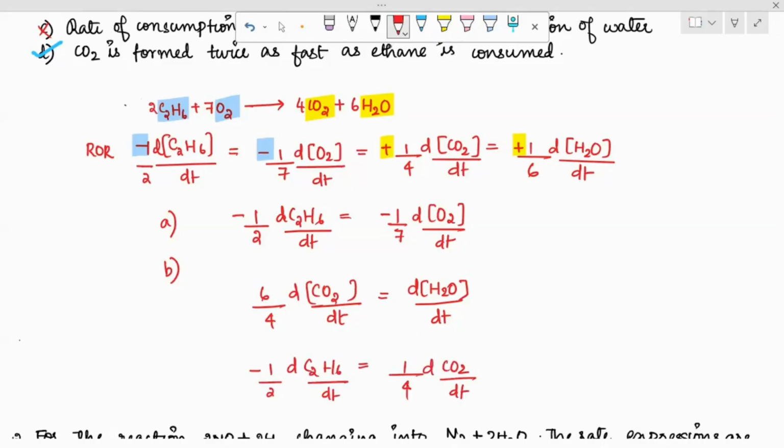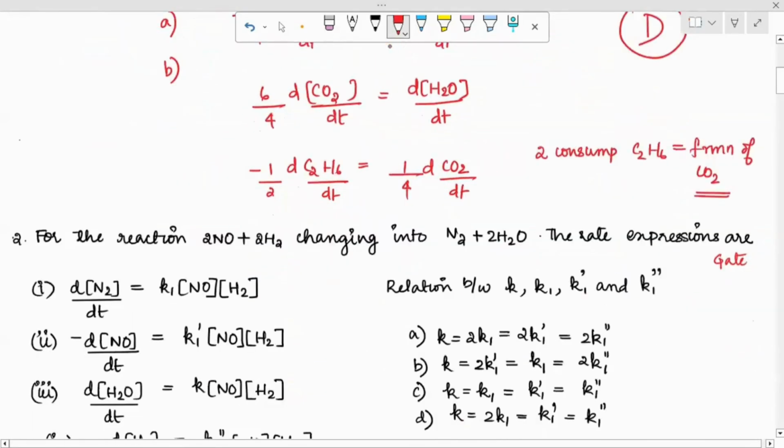If you rearrange, 4 comes to this side, and we get 2 times consumption of ethane is equal to formation of carbon dioxide. And that is what is said. Carbon dioxide is formed twice as fast as ethane is consumed. So the correct answer to this question is option D. All right. This question was asked in TIFR.